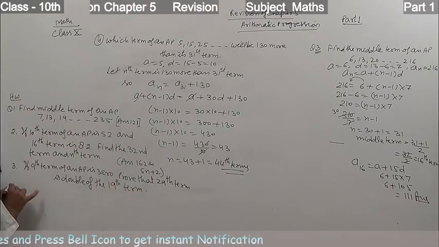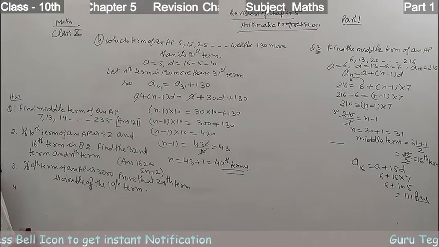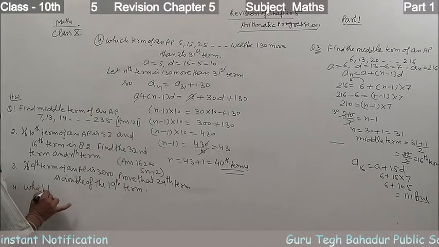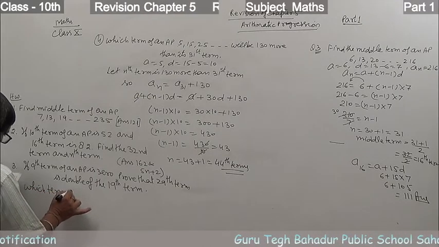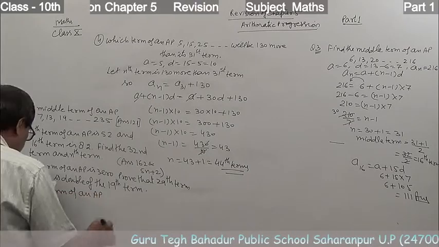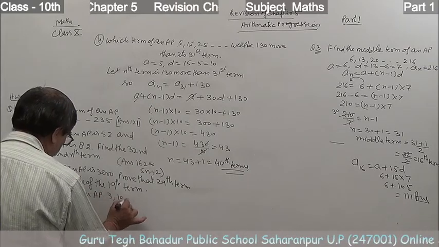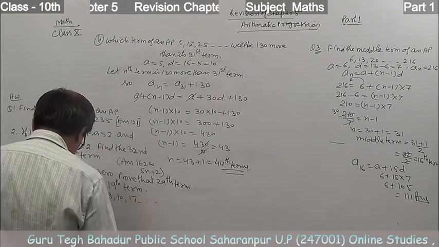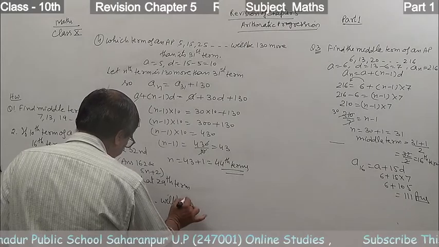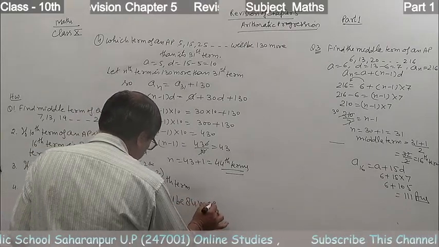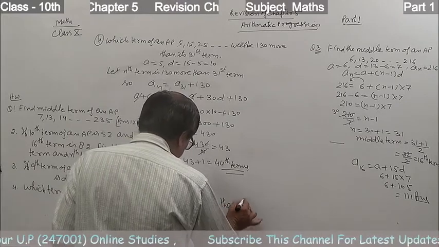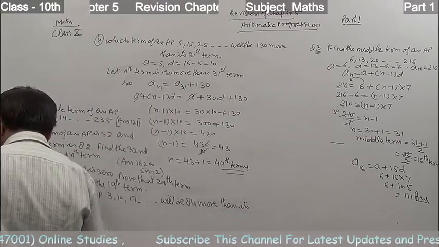And fourth question: which term of the AP 3, 10, 17 and so on will be 84 more than its 13th term?